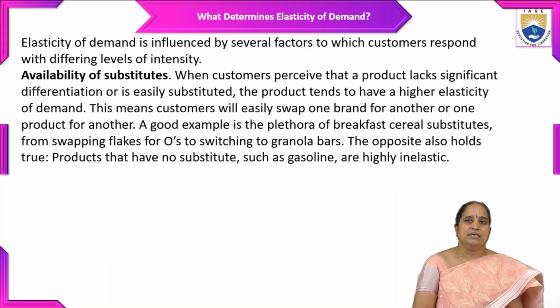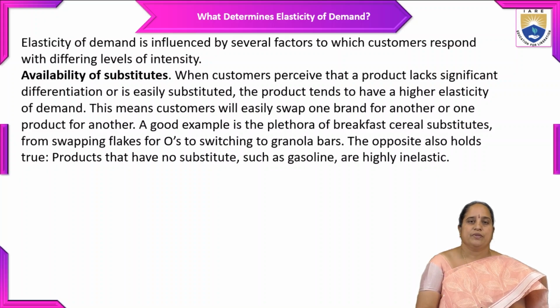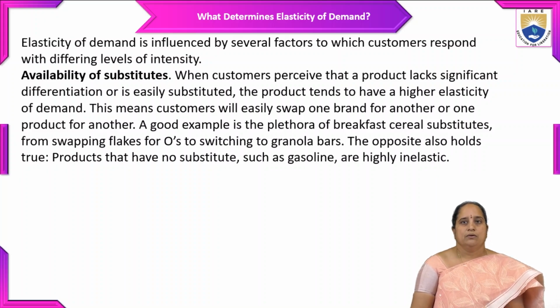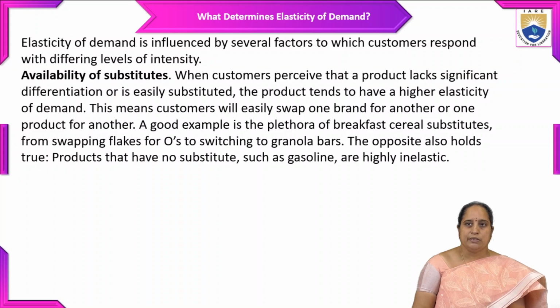Then what determines elasticity of demand? Elasticity of demand is influenced by several factors to which customers respond with differing levels of intensity. The first one is availability of substitutes. When customers perceive that a product lacks significant differentiation or is easily substituted, the product tends to have higher elasticity of demand.